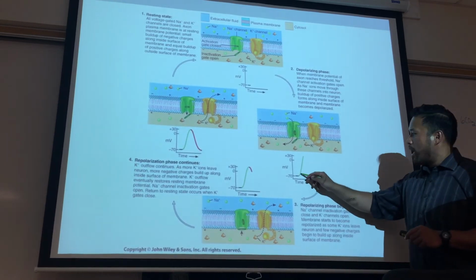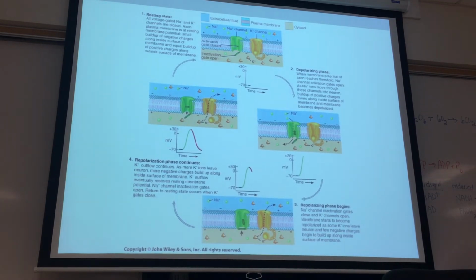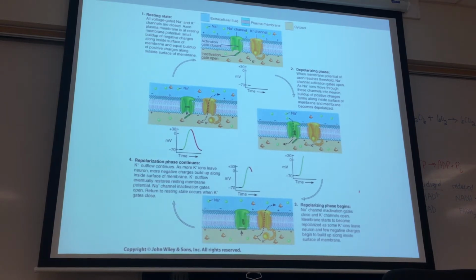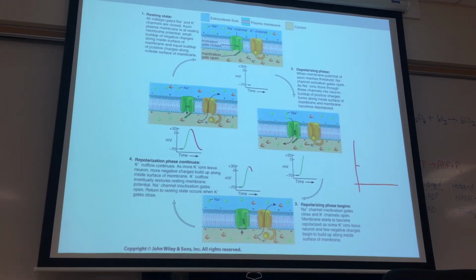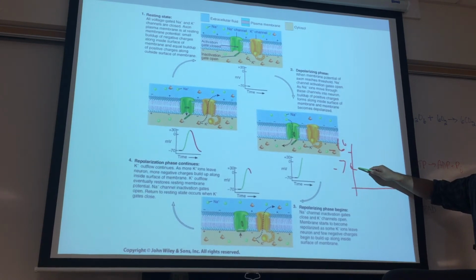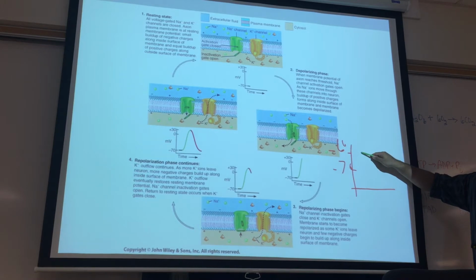So what happens when we have a certain amount of... I've got to get rid of this slide because I'm not a big fan of it. I want to just draw a blip. Okay, and this right here is negative 70. We're going to bring it up to negative 60. So at negative 60, we're going to cause a little blip because we've opened up a voltage-gated sodium channel. That's going to allow sodium to come in.